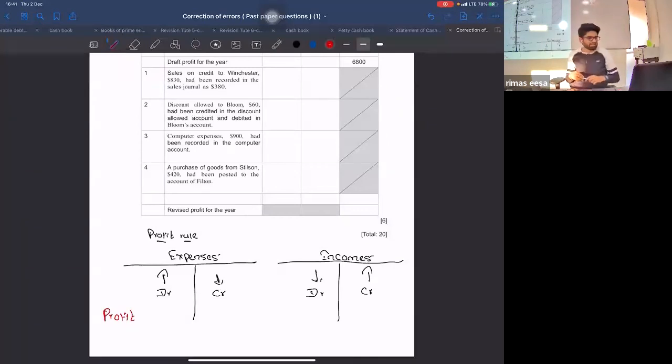Okay, first have that T account, will you? Expenses increase debit. When it reduces, you have to credit. But when it comes to incomes, increase is credit, decrease is debit. So that's the arrow which I have put over there. But below that, I'm going to give you the profit rule. Very important rule. If you know the rule, you will find it very simple for you to calculate the profit. Okay, always remember this for the profit calculation part.